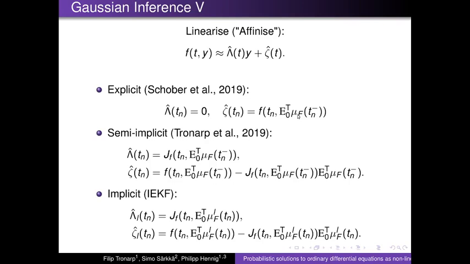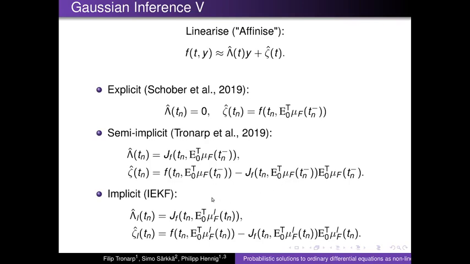And so one can immediately see that this is an explicit method because the 0th order Taylor series expansion in Y is exact for constant vector fields. And then we have the semi-implicit method, which does a 1st order Taylor series expansion. So we actually get lambda equals the Jacobian evaluated at the predictive mean. And then zeta is the rest of the terms in this 1st order expansion essentially.